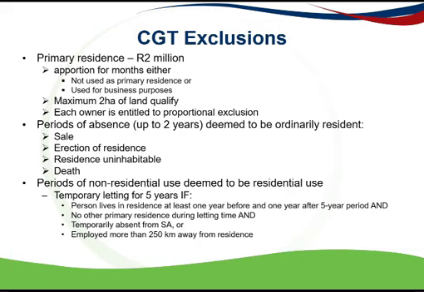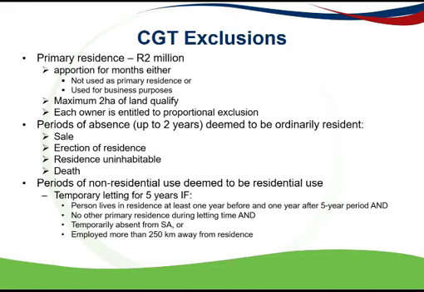And also this exclusion of 2 million only applies to the first 2 hectares of land. So if it's farming land, only the 2 hectares around the farmhouse will qualify for a primary residence. The rest will be part of the trade.